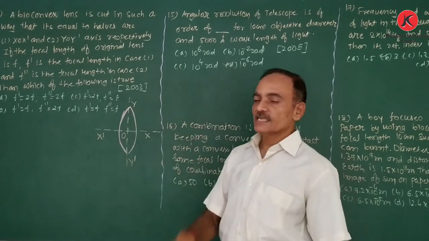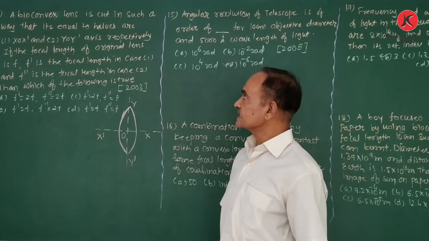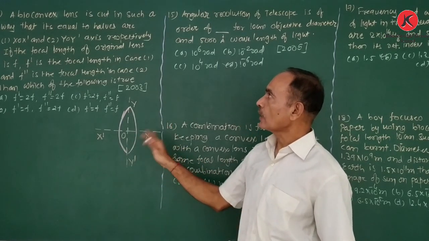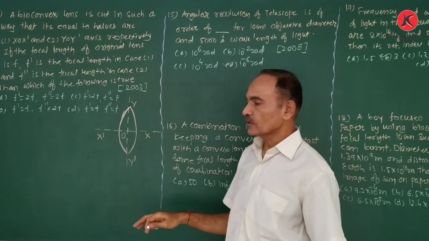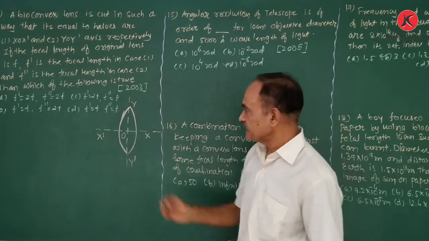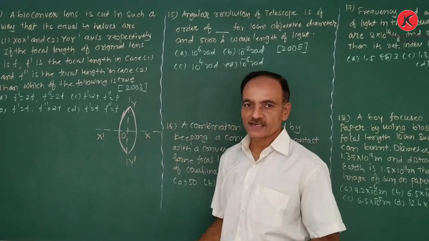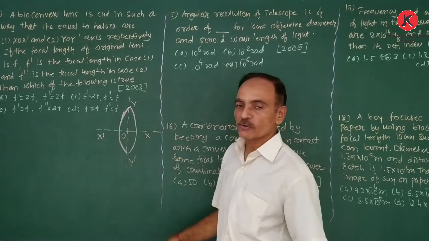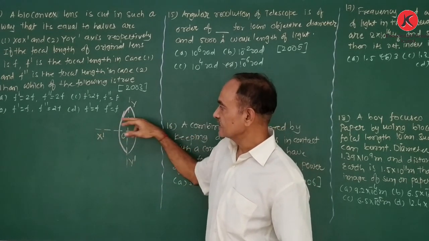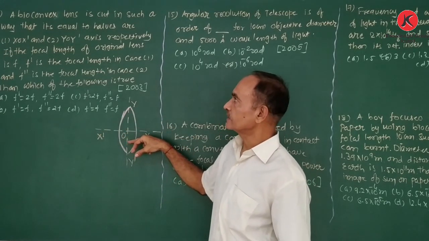Okay, now the next numerical. Here a biconvex lens is given, which is cut in such a way along the x o x dash and y o y dash axes. That means this type of convex lens is given. First we divide this convex lens along this axis, so first part and second part, right?